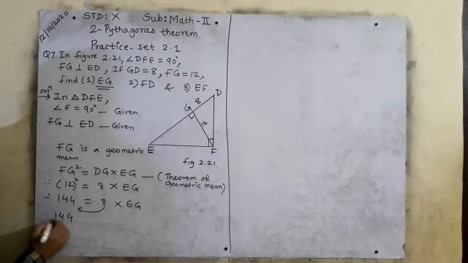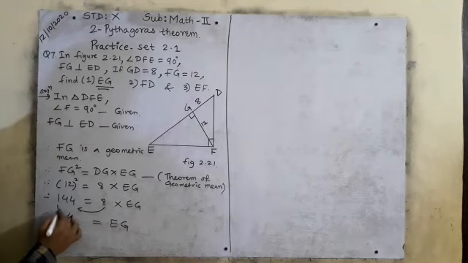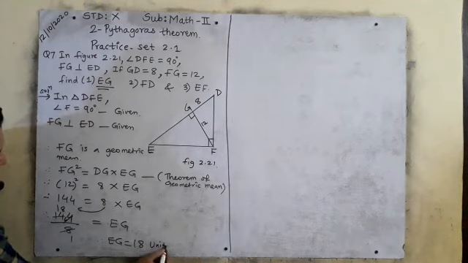So 144 upon 8 is equals to EG, right? 8 ones are 8, how much remains? 6. 8 eights are 64. Therefore EG is equals to 18. No meter, no centimeter, so you will write EG is 18 units. Is it clear? This is your first answer.